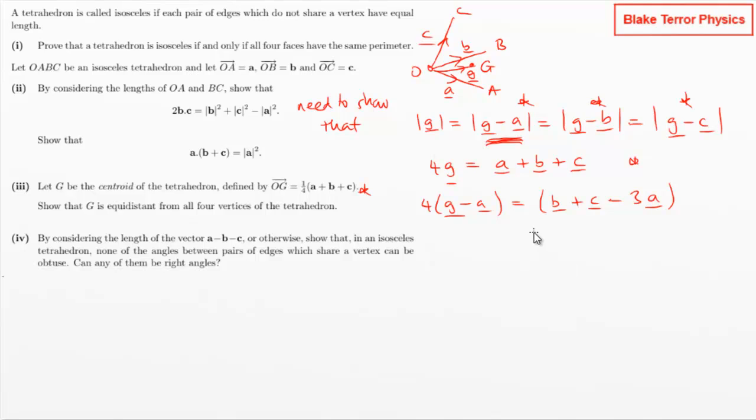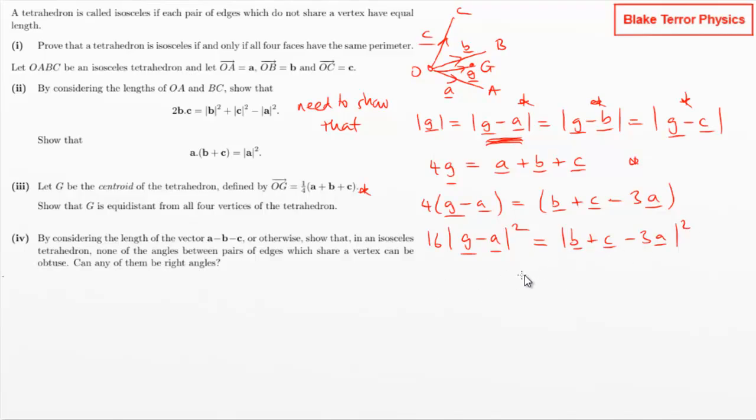Now I want to show that the magnitudes are the same. So 16 mod G minus A, and I'm going to end up squaring them, so I might as well put that straight in, is then going to be the mod of B plus C minus 3A, squared.